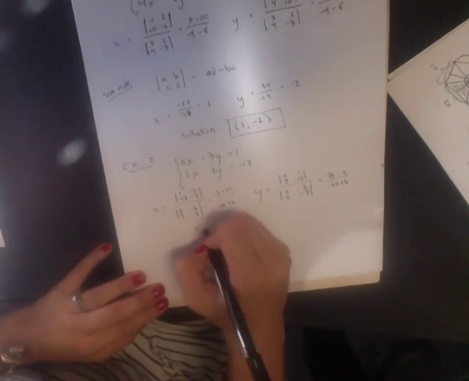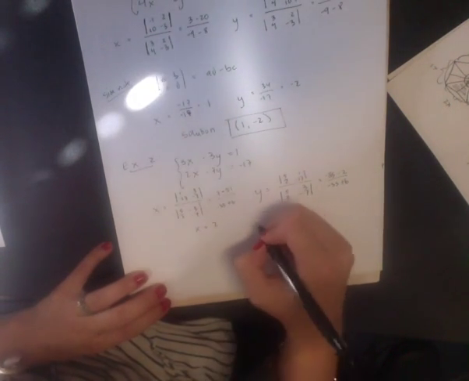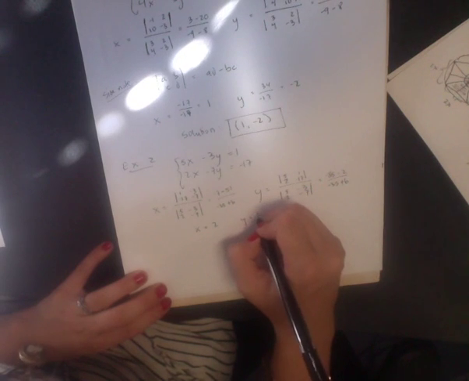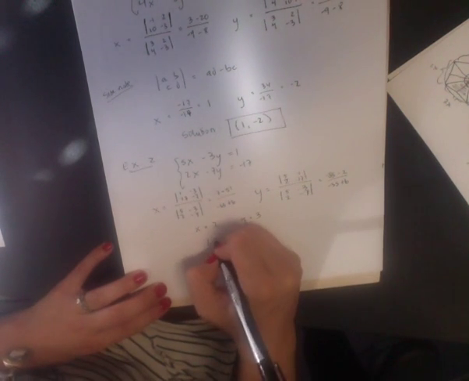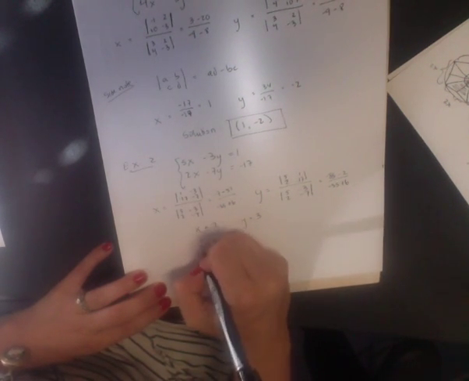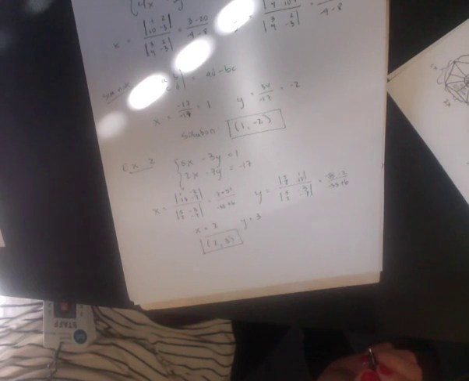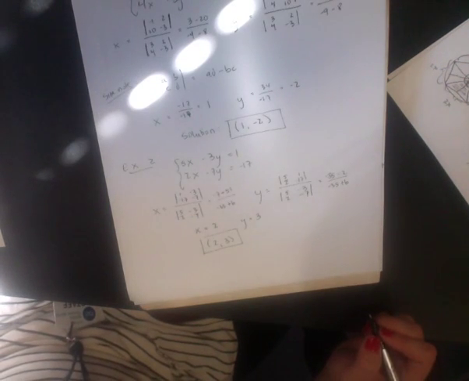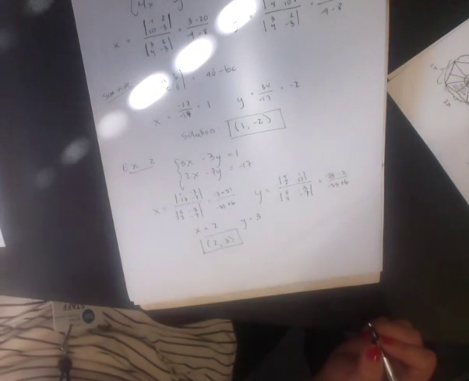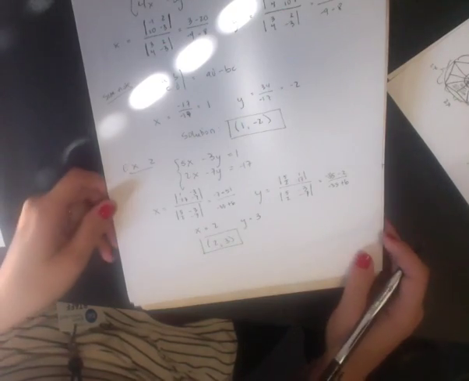This gives me that x will equal 2 and y equals 3, which we always write as an ordered pair, always, always, always, and forever, 2, 3. Okay? Let's do another example.